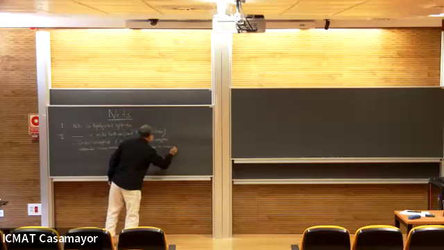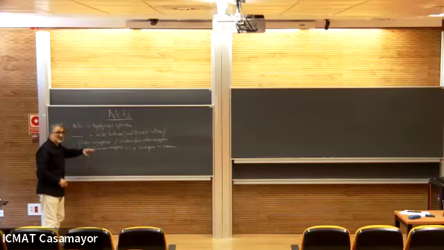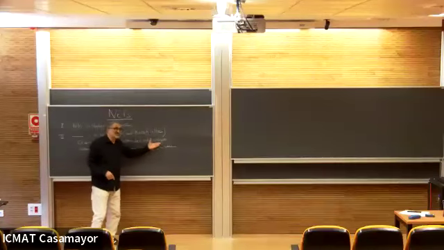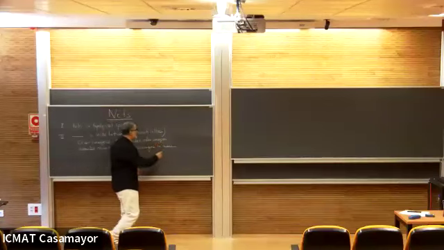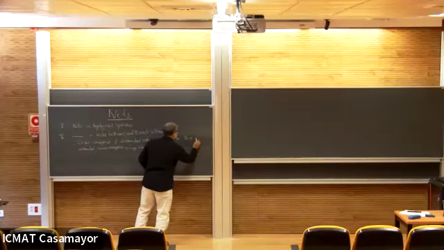We can think of it as an abstraction of convergence in measure. And unbounded order convergence is the abstraction of almost everywhere convergence.